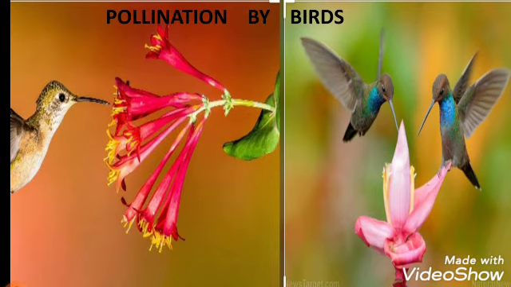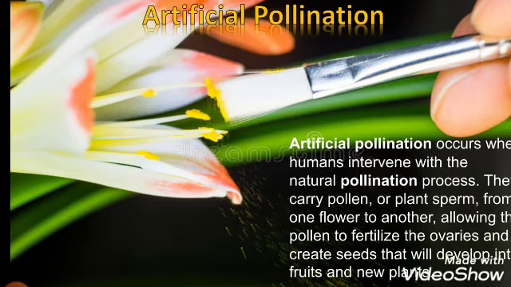Now moving to another type of pollination, and that is artificial pollination. Artificial pollination is done to produce a new variety of plant with certain required characteristics.